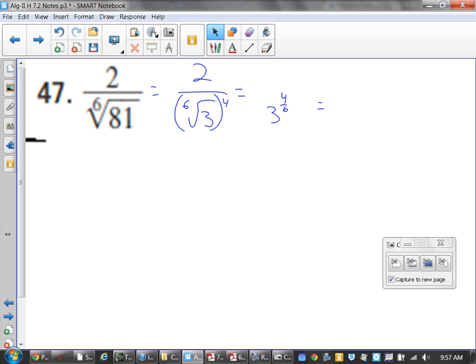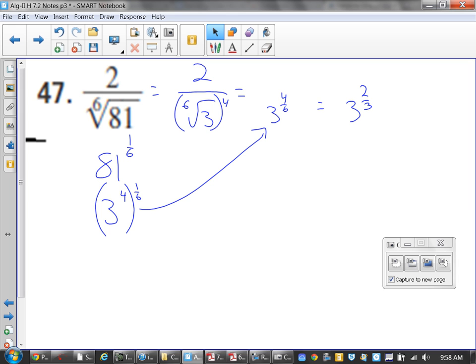So that denominator becomes 3 to the 2/3. I don't get that. I simplified it. I rewrote it as 81 to the 1/6. 81 is 3 to the 4th, which got me here. All right? I simplified 4/6 and I get 2/3.